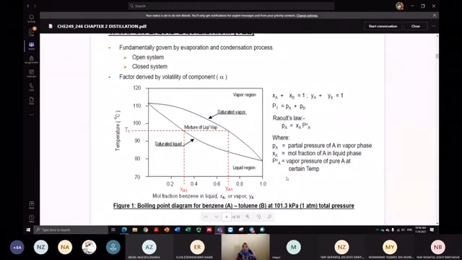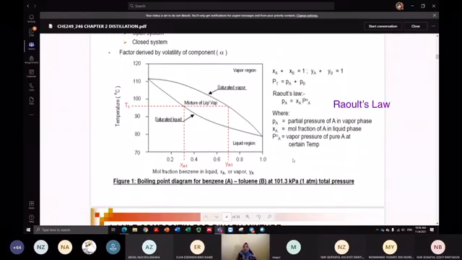At the same time, you should know how we get the total pressure. It comes from the partial pressure of A in the vapor phase, plus the partial pressure of component B in the vapor phase. That is how you get the total pressure.